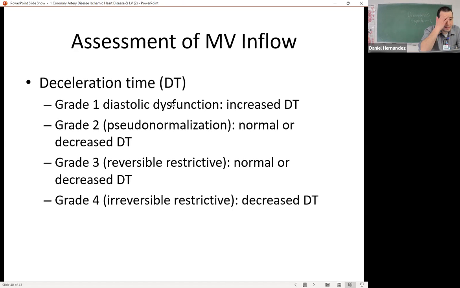With grade 1 diastolic dysfunction, we have an increased deceleration time. Grade 2 is called pseudonormalization, with a normal or decreased deceleration time. Grade 3 is our reversible restrictive filling pattern, and grade 4 is considered an irreversible restrictive filling pattern, with a decreased deceleration time.